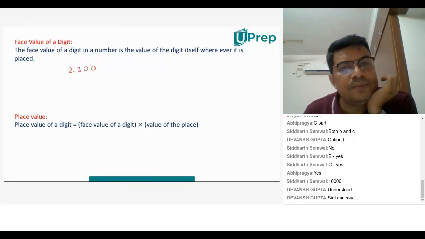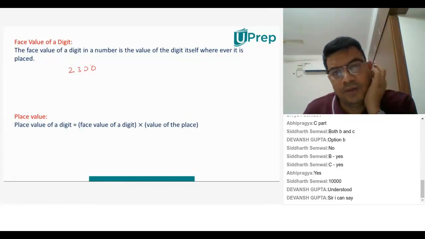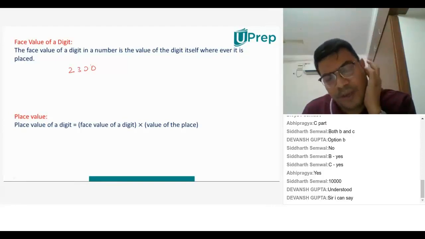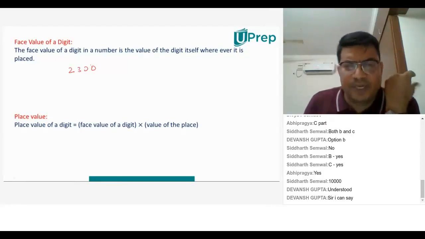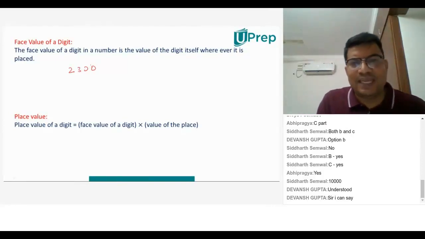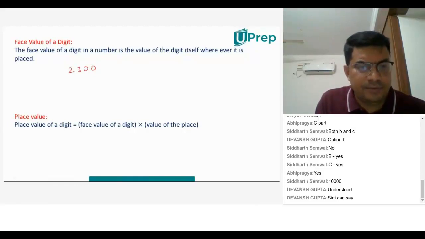And the place value means the place where it is present. For example, if 3 is present in the 1000 place, we will write 3 multiplied by 1000. Okay. Good, that's a very good explanation. Fazil, can you explain once again what you wanted to say?